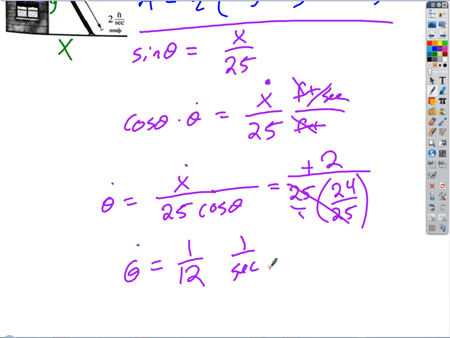So how do I interpret that? What is the 1/12, in what angle measurements? It's gotta be radians. And remember why. Degrees are arbitrary; they could be anything. We just arbitrarily picked 360.